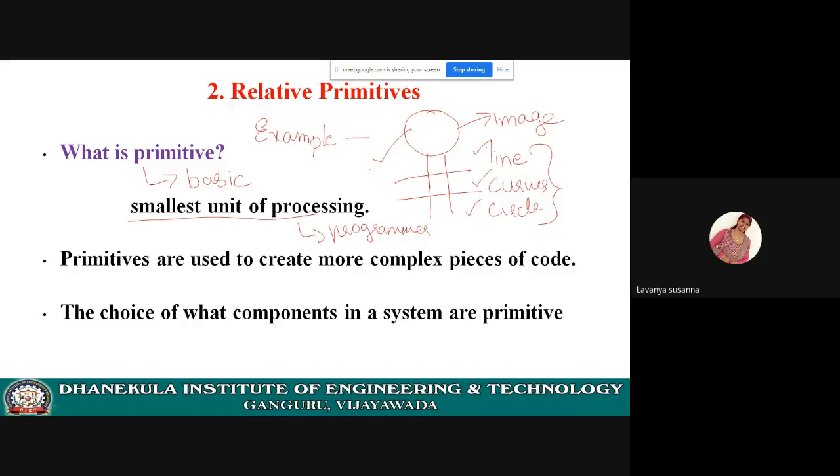By joining these primitives only, I got an image. In the same way, for a software system also, there will be primitives. When you combine these smallest components, you will get a large component. I hope you understand what is meant by primitive. Again, see here, if I want to draw an image, I have drawn an image.